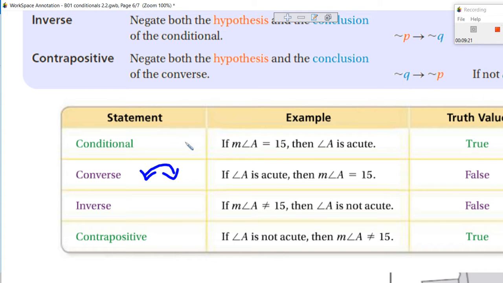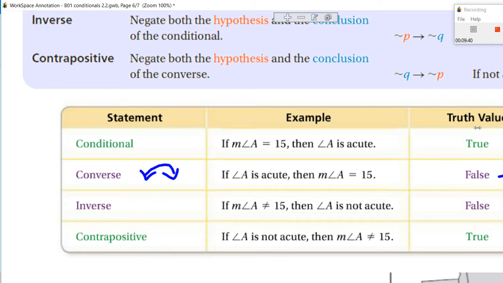Now I have if angle A is acute, then the measure of angle A is 15. Well, that's false, right? We could come up with other values. The measure of angle A could be 5. It's also acute, and it's not 15, so this would be false.